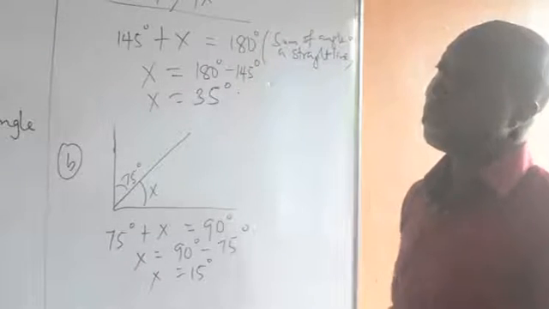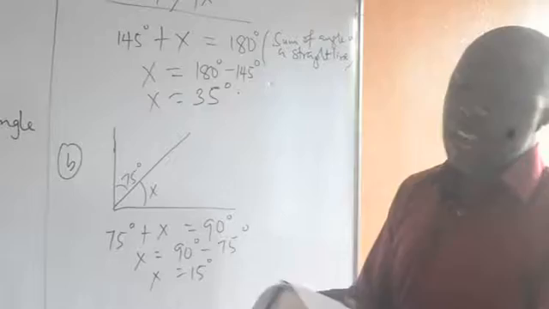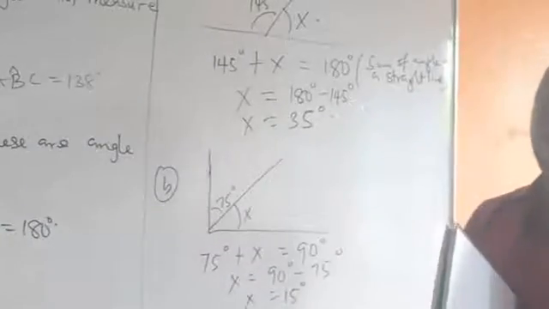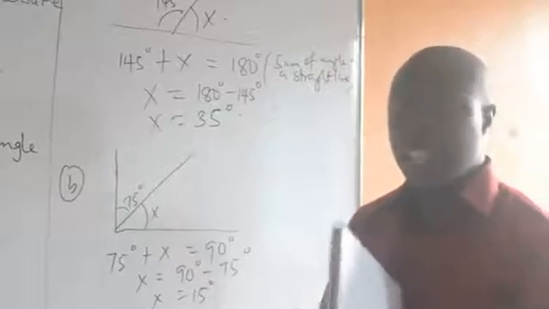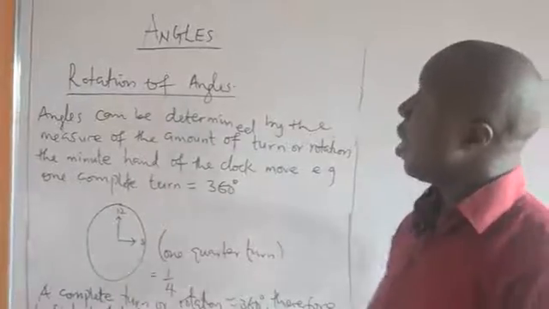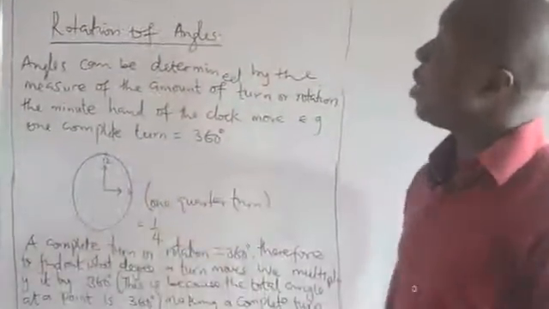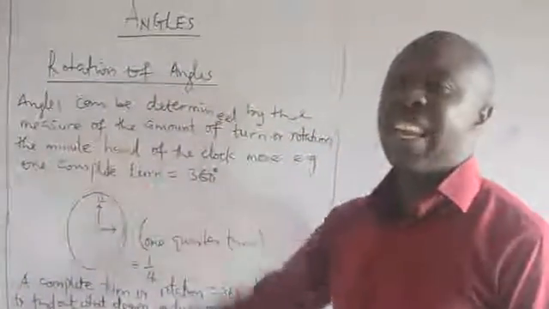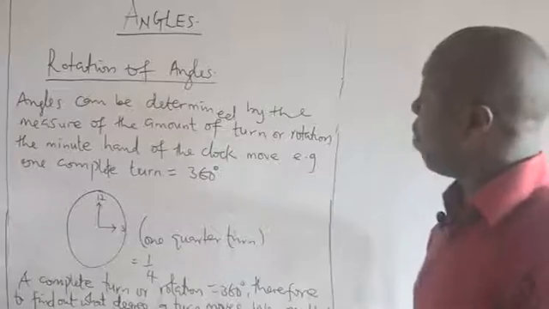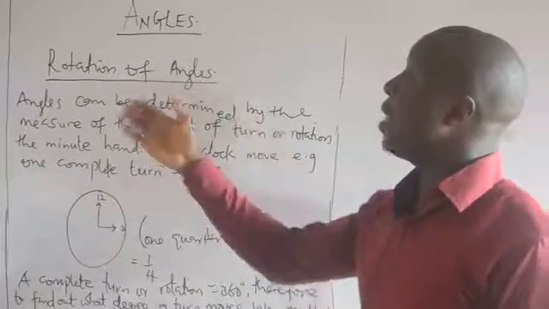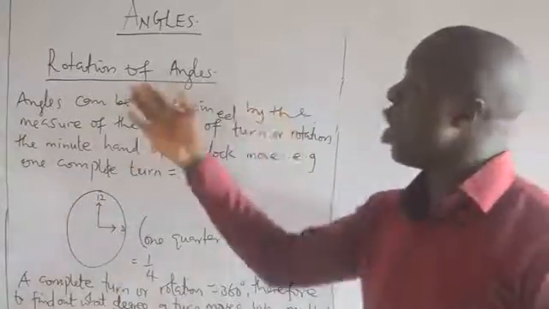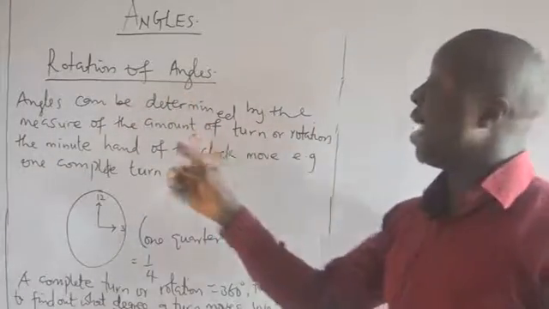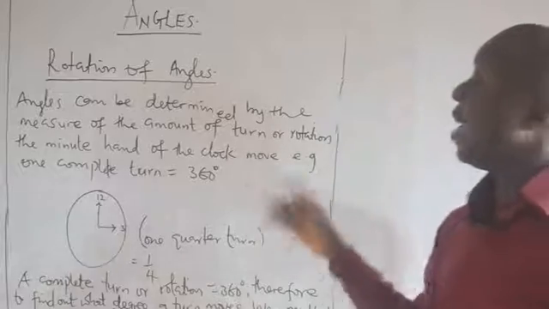Right now, under this topic, we also have rotation of angles. Angles can be determined by the measure of the amount of turn or rotation the minute hand of the clock moves.